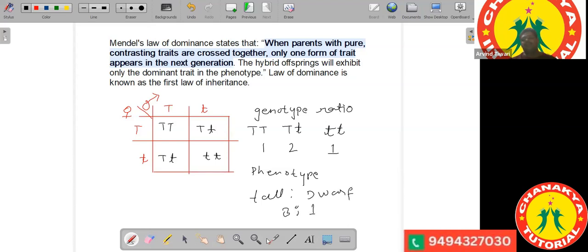So here we studied the variation of just one characteristic, that is the height of the plant. And such a cross which we have studied is called a monohybrid cross, where we have studied only a single characteristic. A cross involving two characteristics is called a dihybrid cross.